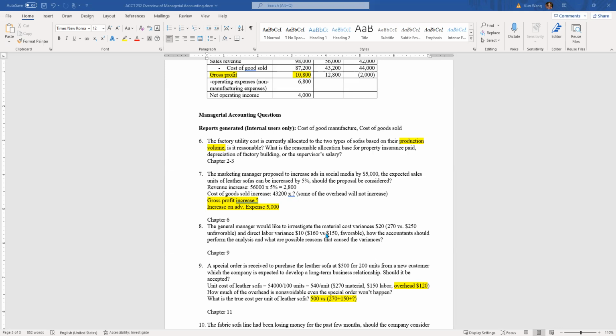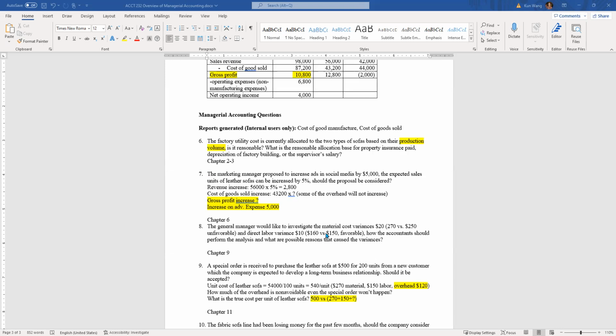We couldn't control the inflation of the supply chain part. And for labor, you have a labor rate change or usage of the labor, or you use inefficient new labor that will take more hours to make the product. So those are all possible reasons for the differences.